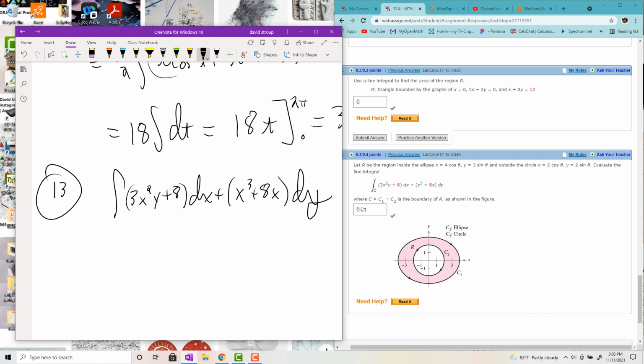Okay. There's two curves here. There's a circle with radius 2, and then there's an ellipse that has 4 units on the x-axis and 3 units on the y-axis.